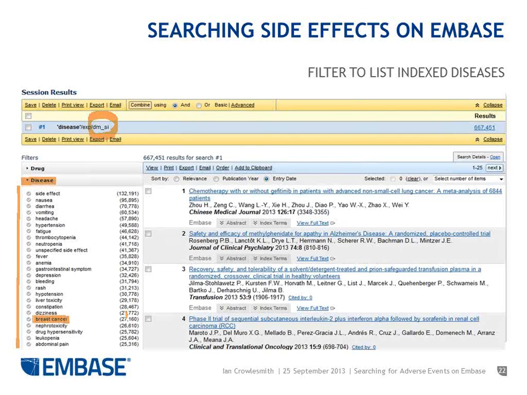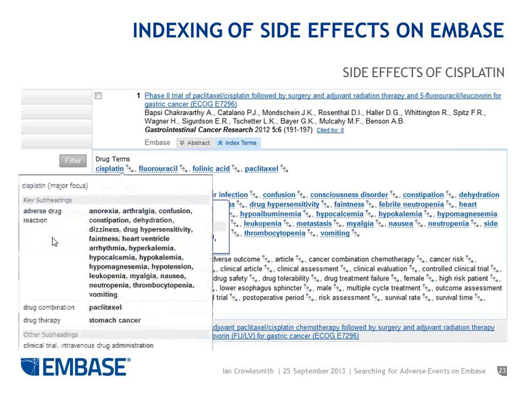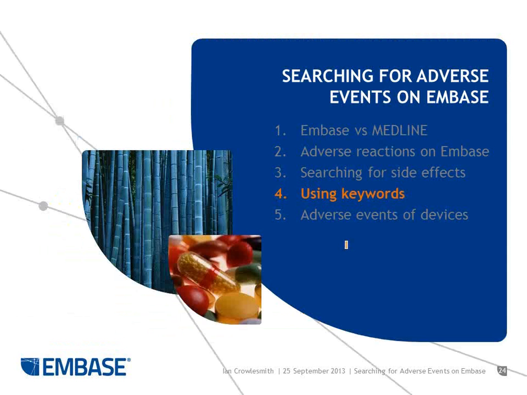So here is most likely one of them, breast cancer. And I've already shown you this slide in effect. If you look for the disease term anorexia, it's linked to side effect, and that corresponds with cisplatin, which is linked to anorexia.